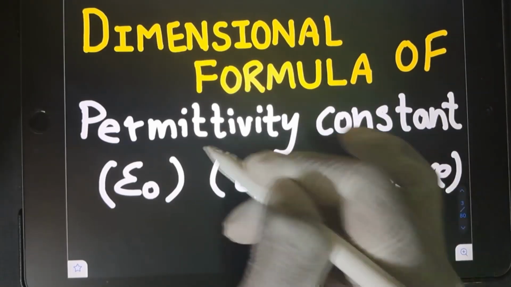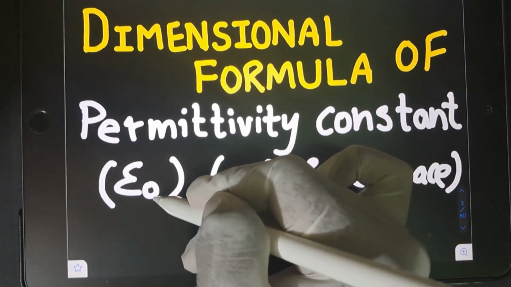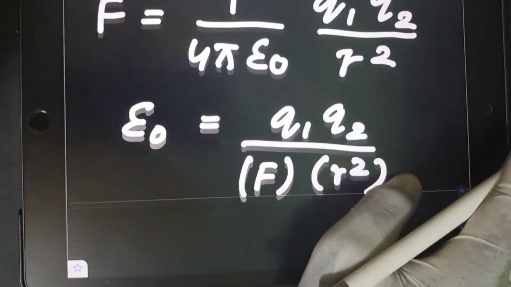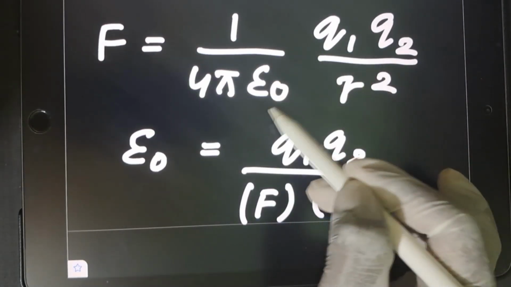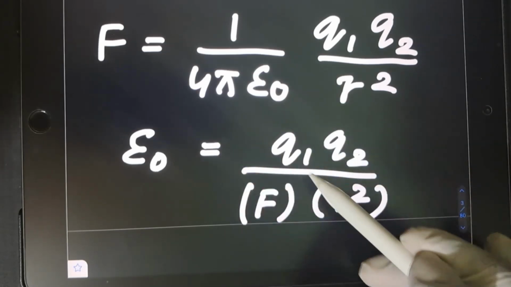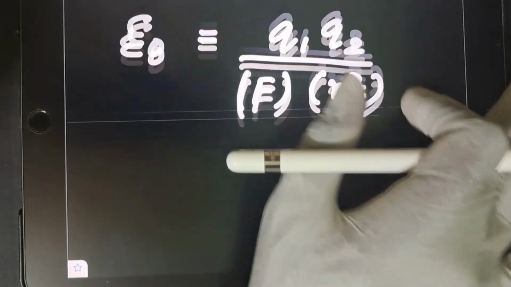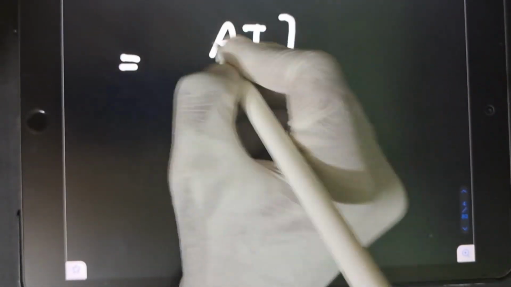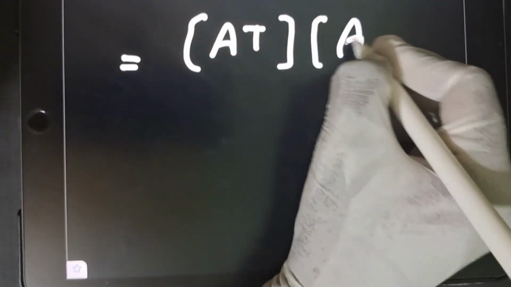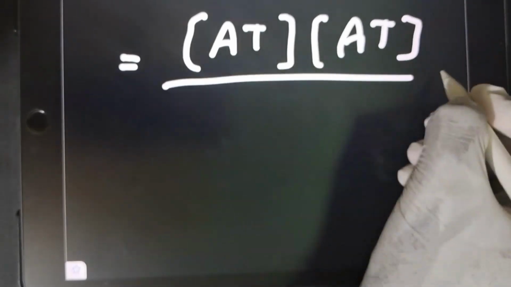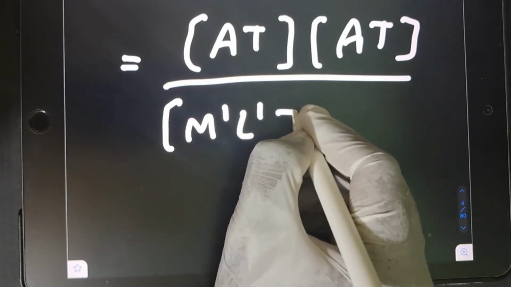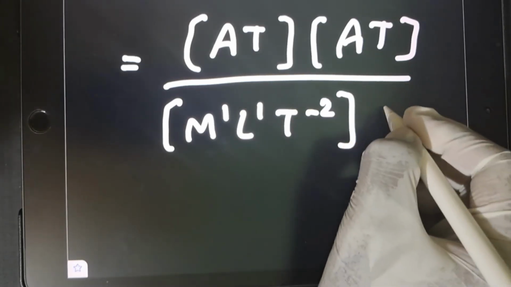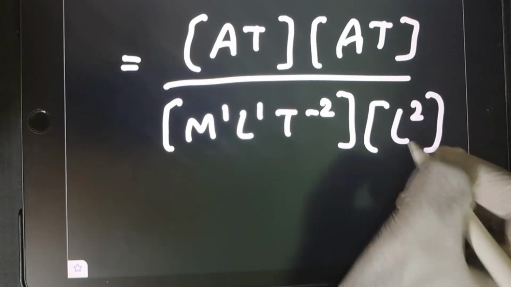To find the dimensional formula of the permittivity constant of free space, epsilon naught, F is equal to 1 by 4 pi epsilon naught Q1 Q2 by R square, where epsilon naught is equal to Q1 Q2 by F into R square. Here Q represents charge. Charge means current into time. So AT, AT by F, force M^1 L^1 T^-2, into distance R square, so L square.